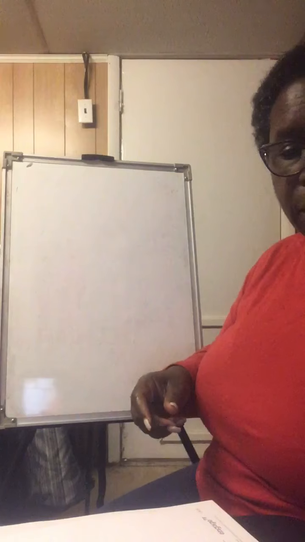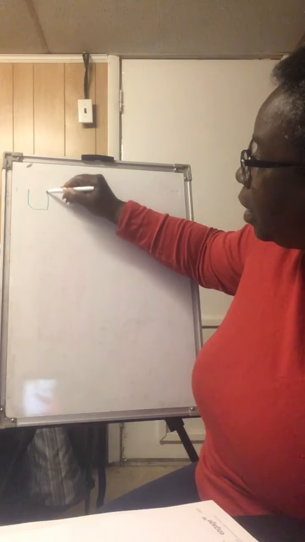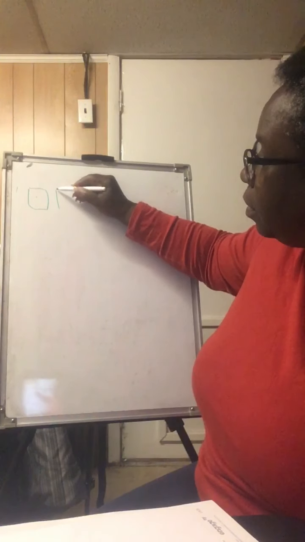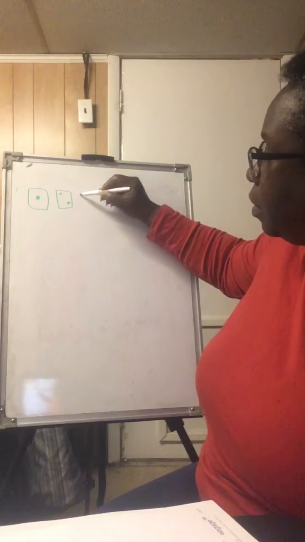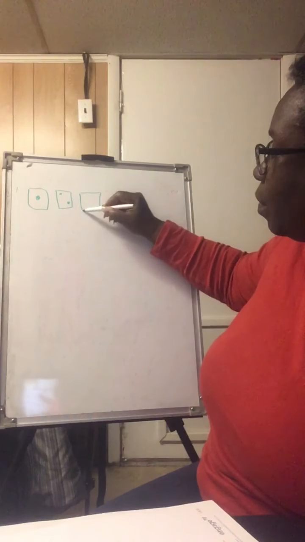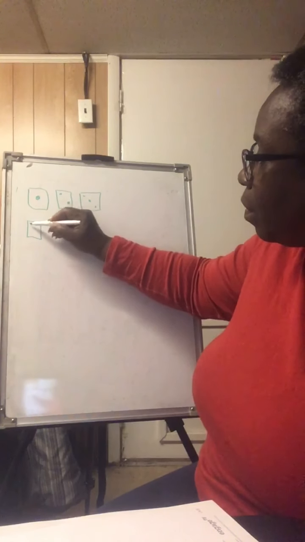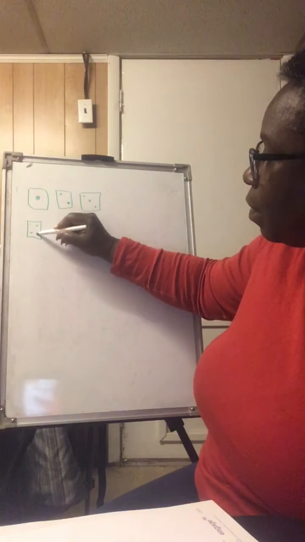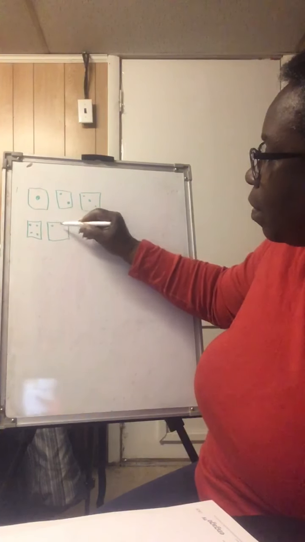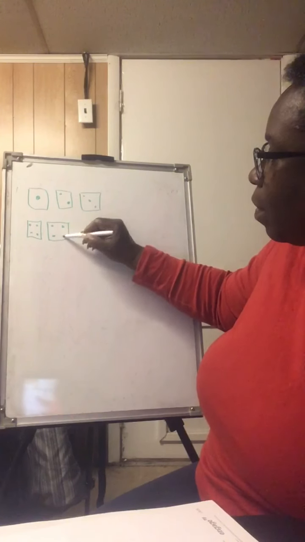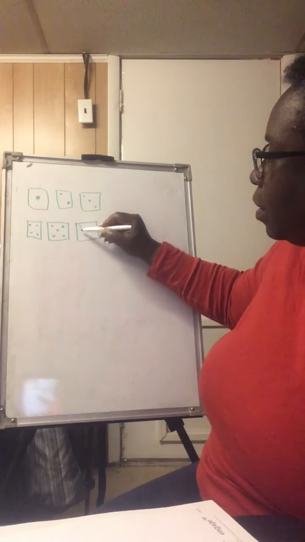Let's get a different color. Okay. So you have 1 dice, 2. Let's make that so you can see it. You have 6 dice all together.